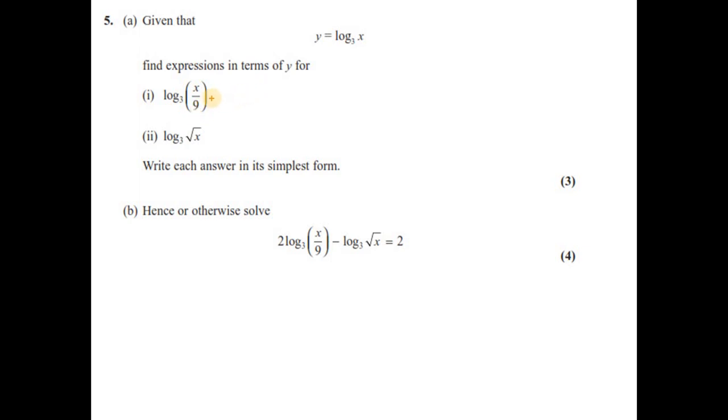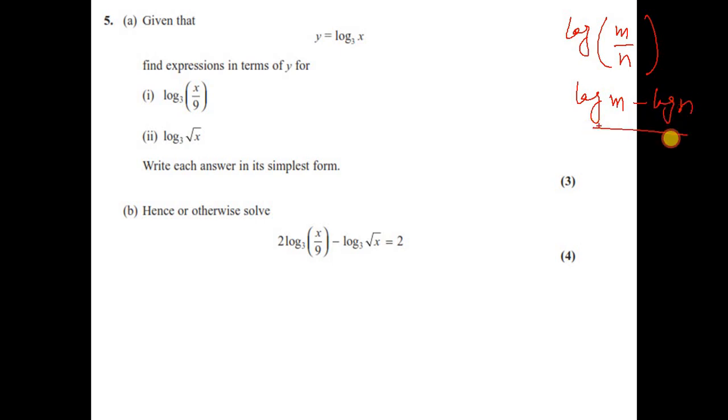So this is a general concept of log: if you have a single log, inside the log you have two numbers, any numbers like m divided by n, and you have a single log outside, you can write this as log of m minus log of n.